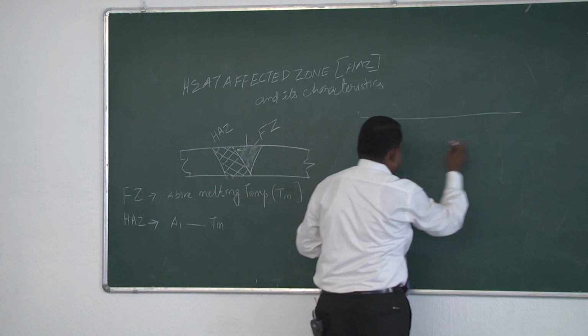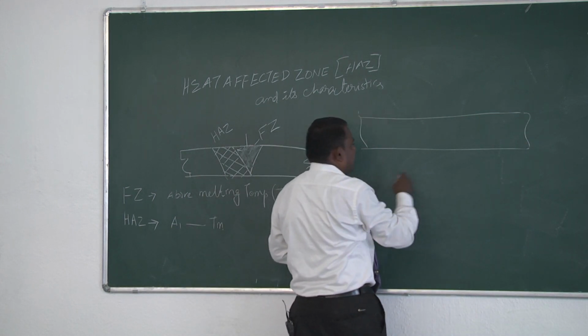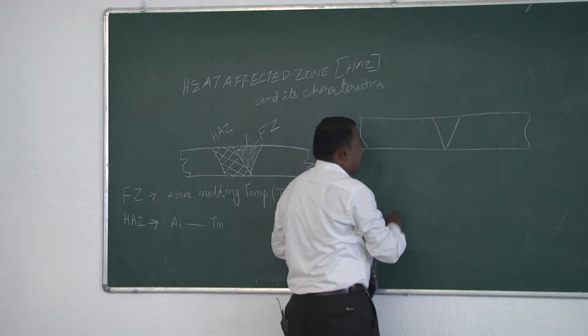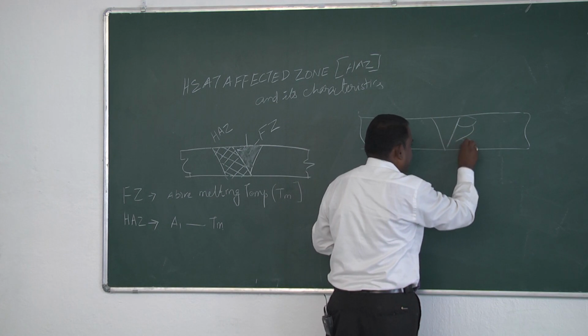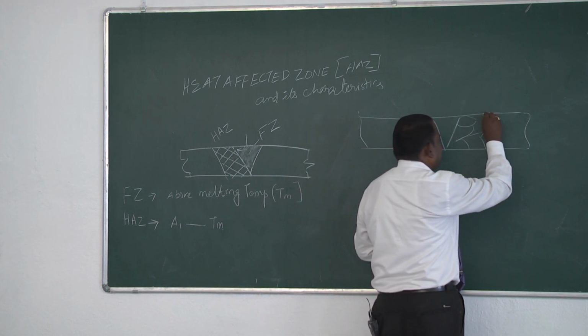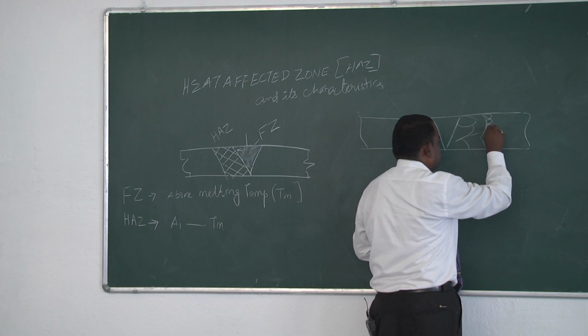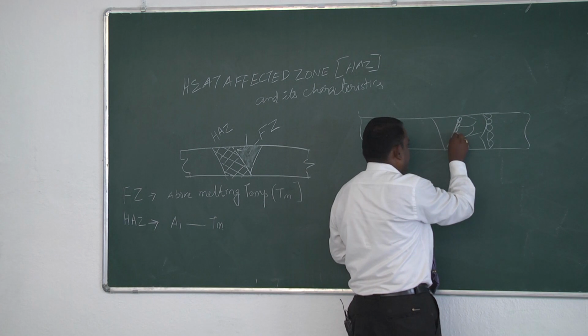The material which may not have any allotropic transformation will have a different microstructure in the weld and heat affected zone. It will have a coarse grain structure nearby the weld metal, and away from that it will have a fine grain microstructure. The underbead zone is understood, please.